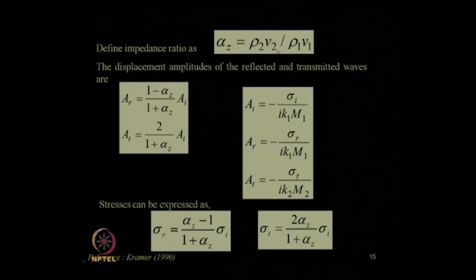specific impedance of two materials, and when we take that ratio, the numerator is always the material which is in the transmitted zone, and the material from which the incident wave is coming is in the denominator.